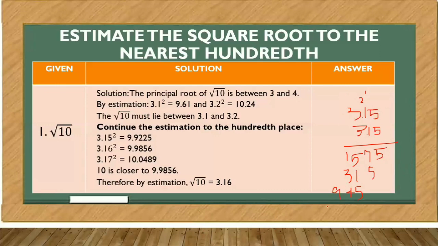And then add. Add natin sila. Bring down 5. 5 plus 7, 12. Carry 1. 5 plus 1, 6. 7 plus 5, 12. Carry 1. 3 plus 4, 7 plus 1, 8 plus 1, 9. And then, bring down 9. And then, ilang decimal places yan? 1, 2, 3, 4. It means 3.15 square is equals to 9.9225.